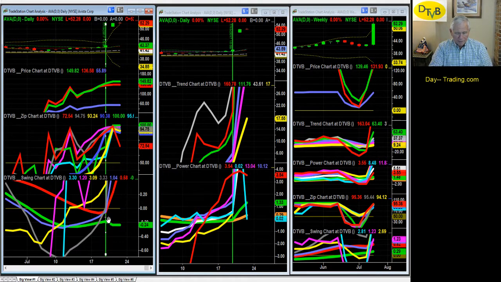The swing yellow is above swing red. That is not as important as some issues, but we do like to see that. But I will say this: swing yellow is above swing red in every single pattern that we are going to look at in this video.